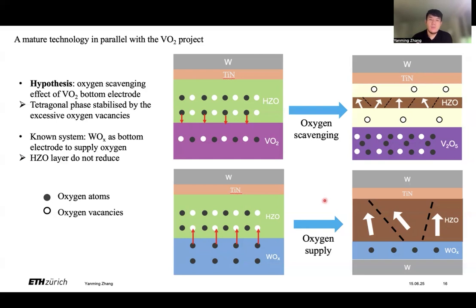If this works, probably the opposite scenario happens with VO2: VO2 could scavenge some oxygen from the HZO region to form a more stable phase like V2O5 or VO3. As a result, there will be some oxygen vacancies left in the region of HZO, and the HZO will crystallize into the tetragonal phase, which is not ferroelectric.